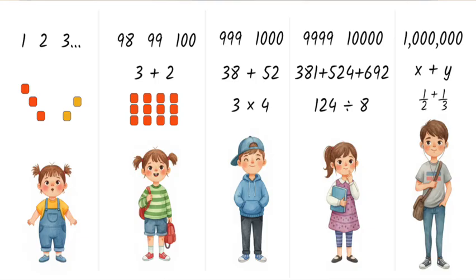And we keep going like this all the way through to when we get into early high school, where the child's learning numbers into the millions and the billions and the trillions. They might start getting algebraic symbols introduced, but they're still doing addition and subtraction back at where they started early in year 1.